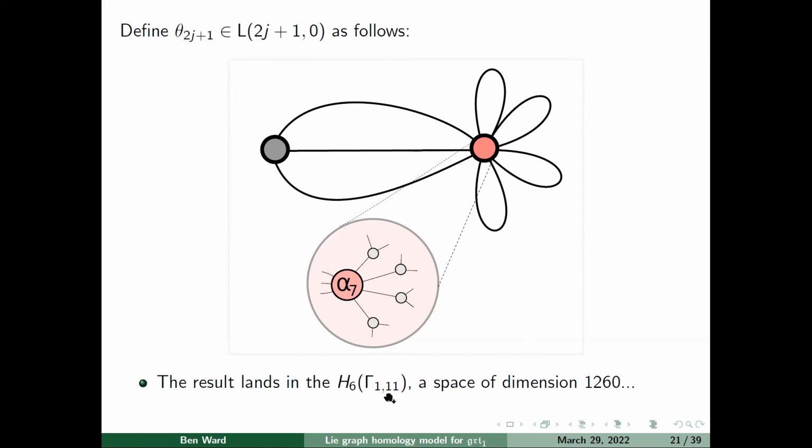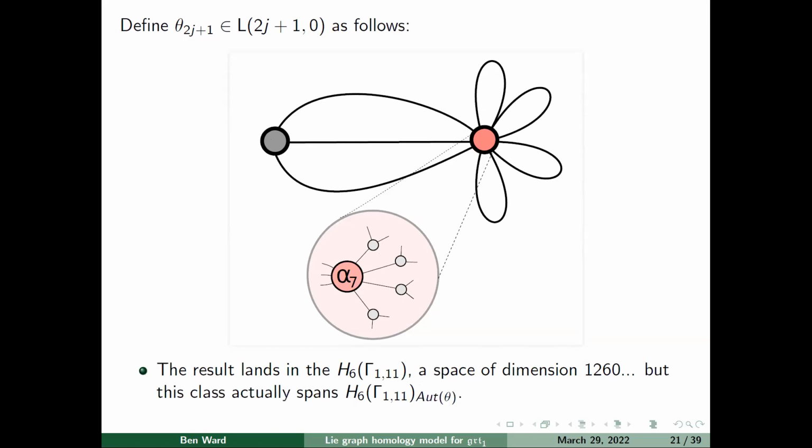But this space has dimension 1260. So you might think I've made a relatively arbitrary choice of an element that's going to go here. But in fact, that's not the case. If I mod out by the group of automorphisms of this graph, so this has an S11 action and the automorphisms of this graph are a subgroup of S11, I can mod out by that and take the restriction.